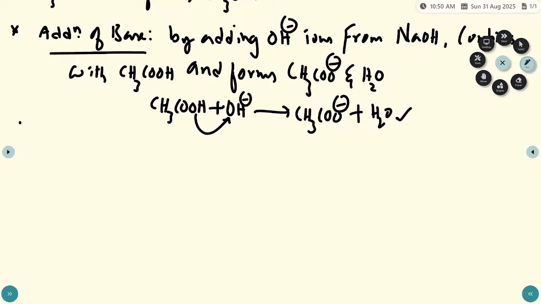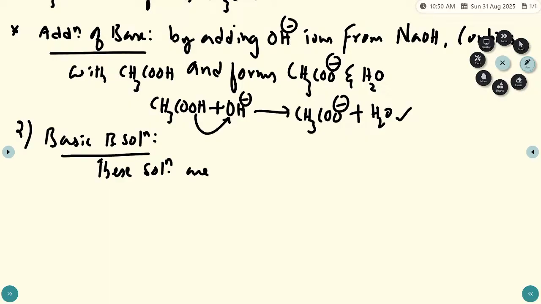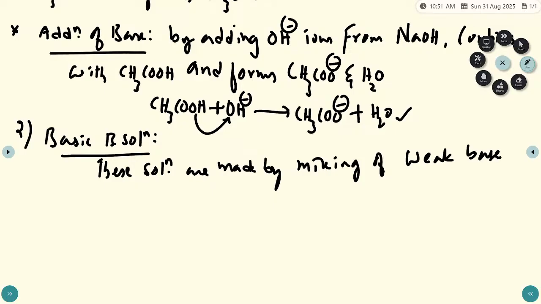Okay, so basic buffer solution. Second one, basic buffer solution. So how can you prepare basic buffer solution? These solutions are made by weak base and salt of its strong acid.